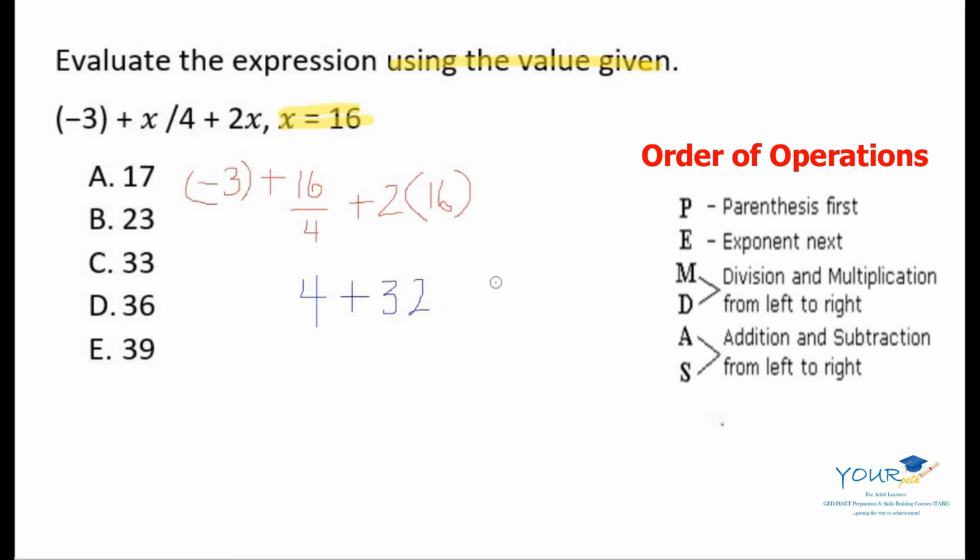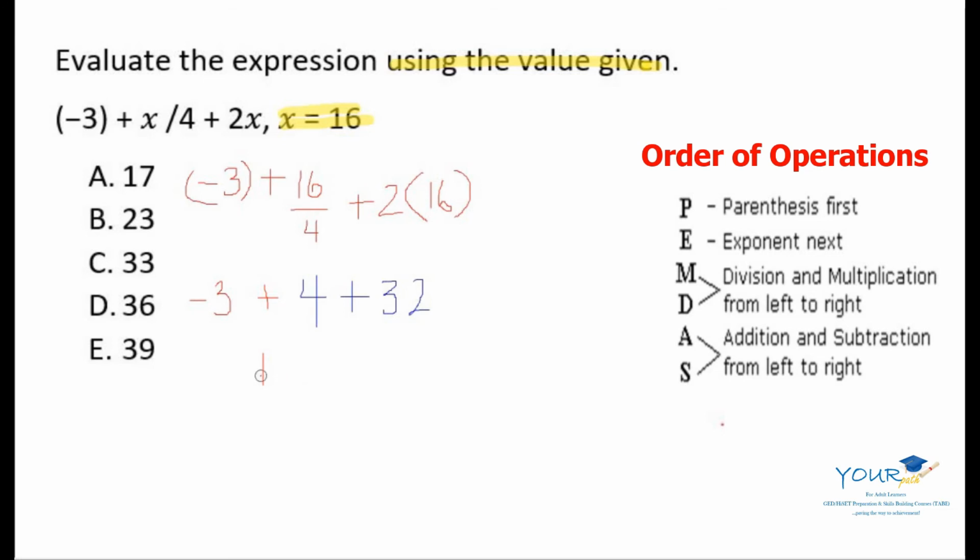So now all we have to do is bring down our other values, which in this case would be -3. So now moving left to right, we have a -3 plus 4 will give us 1. So remember, you have a negative number plus 4, a positive number, that's going to give us a 1.